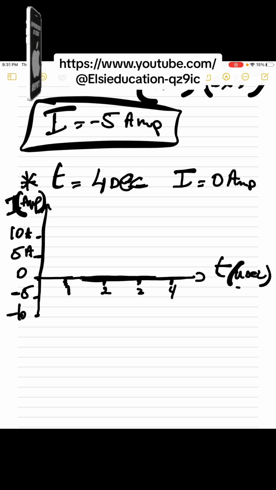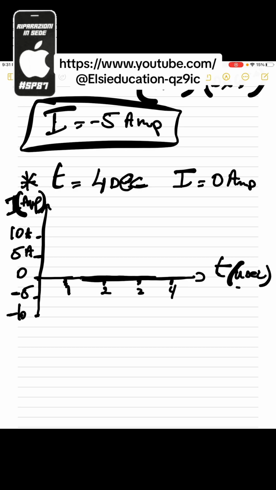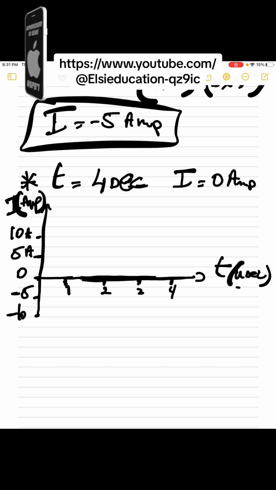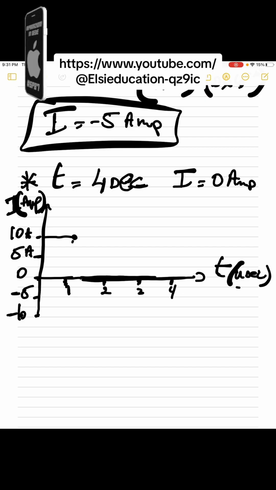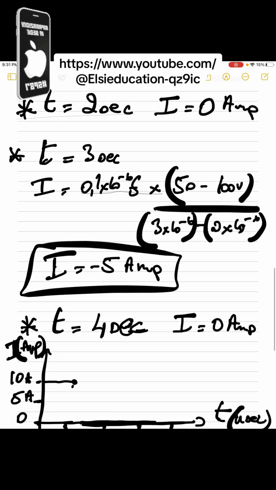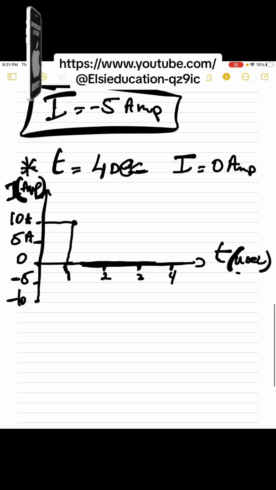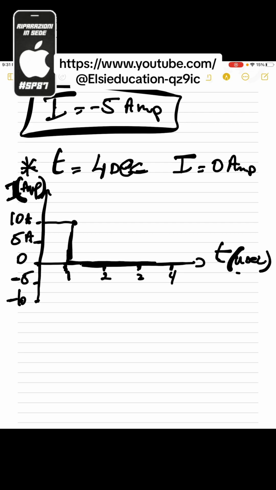When time equals 1, the current is going to start from 0 and rise to 10 amp at 1 microsecond. When time equals 2 seconds, amp equals 0, so it's going to go down here and go to 2 seconds.